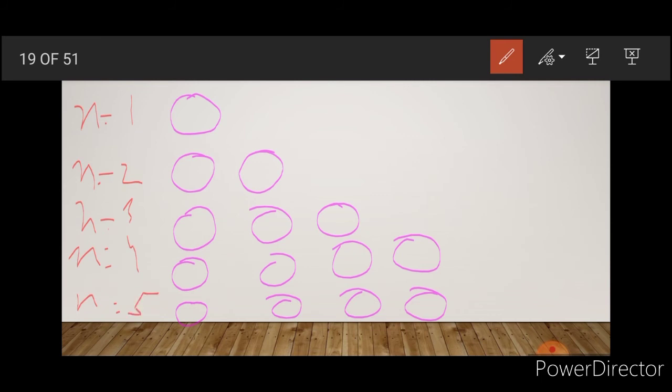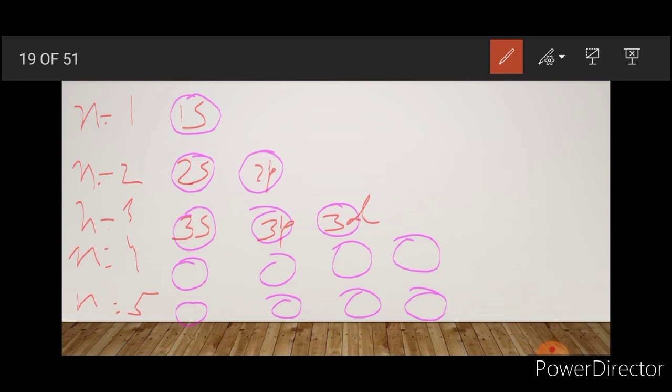Now see, let's fill it. 1s. In n equals 2, it will be 2s 2p. In n equals 3, start writing 3s 3p 3d.